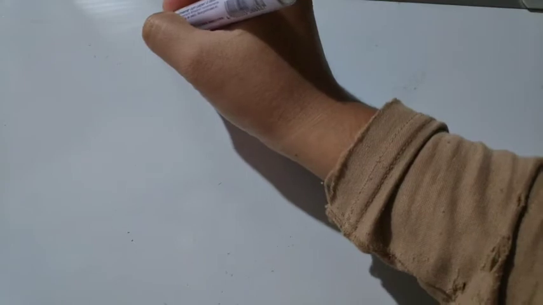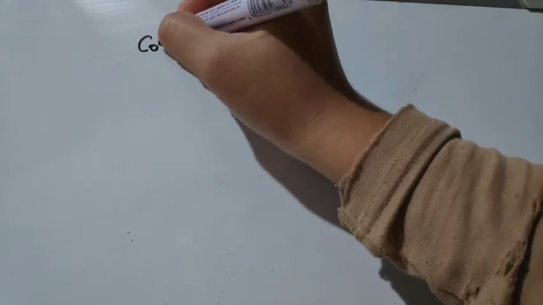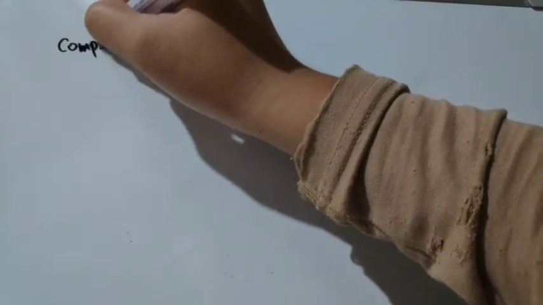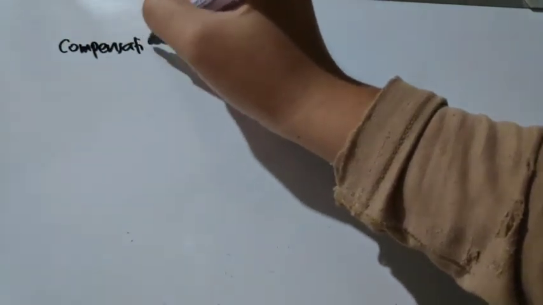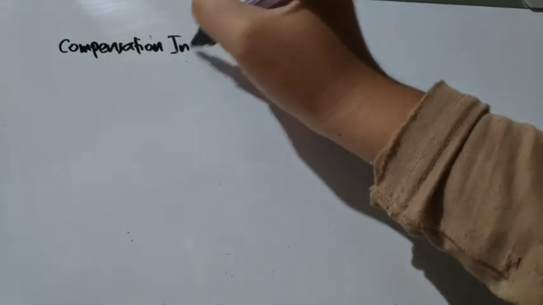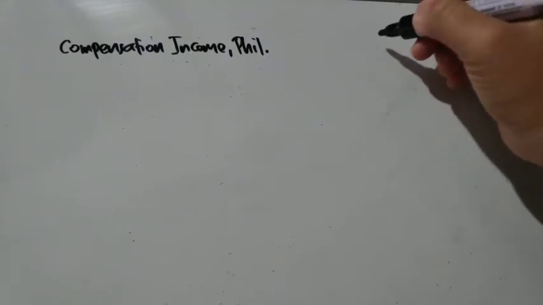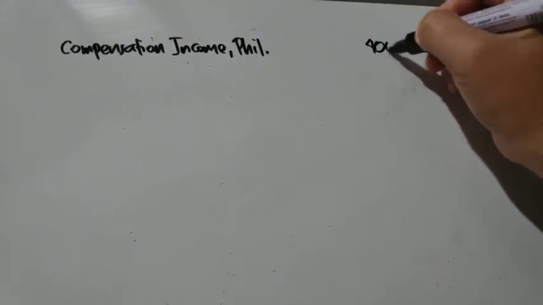Una niyong isusulat ang kanyang income. So ang kanyang income in this problem is the compensation income for the Philippines, which is in the amount of 400,000.